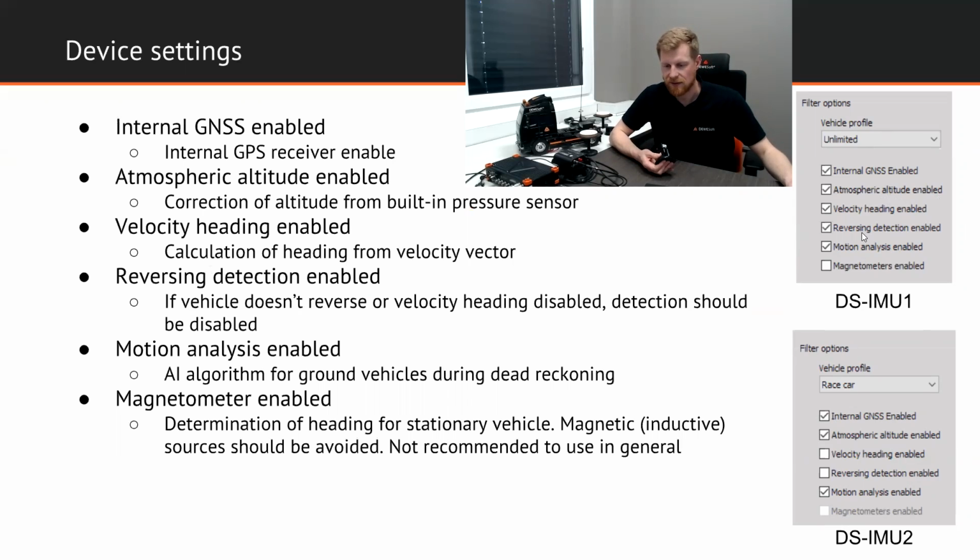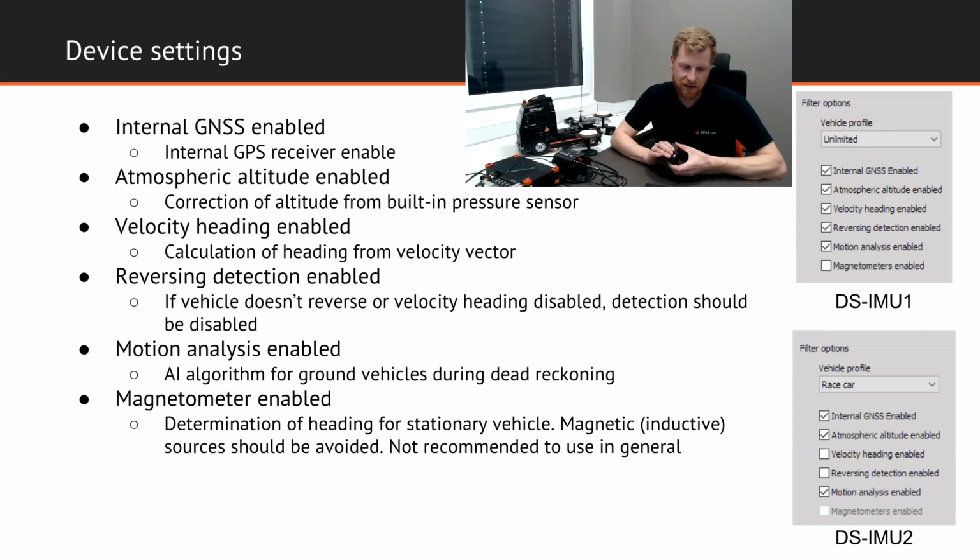We can also enable reversing detection, which means that we will detect when the vehicle is going in reverse. Otherwise, the sensor will start to correct the heading if we are actually going in reverse, and this is not specified, because it always tries to correct for the error in position.